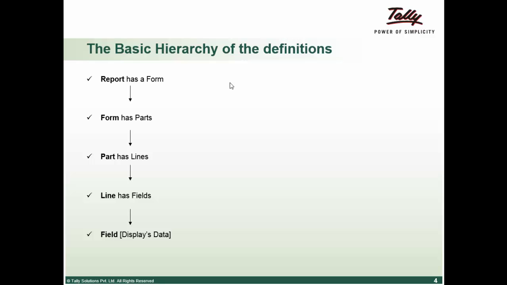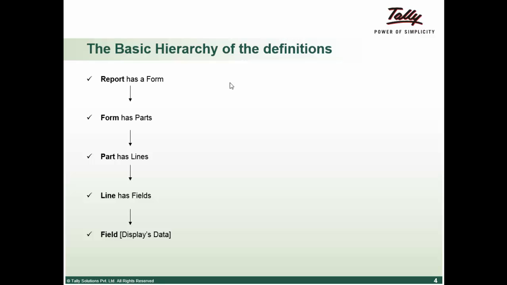Repeating the hierarchy once again. A report has a form in a display mode and can contain multiple forms for the print or the export mode. A form contains vertical parts. Parts can further contain horizontal parts or lines, which are horizontal. Lines can further contain lines or fields.